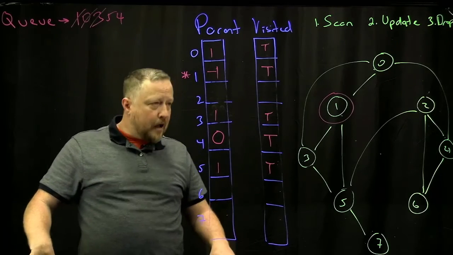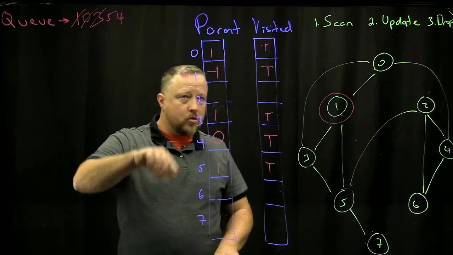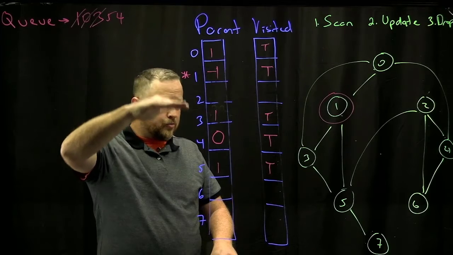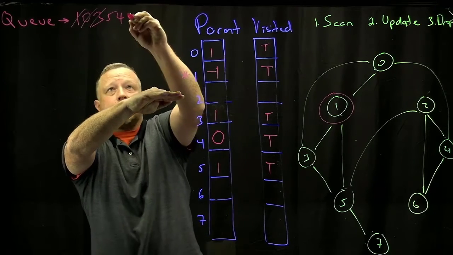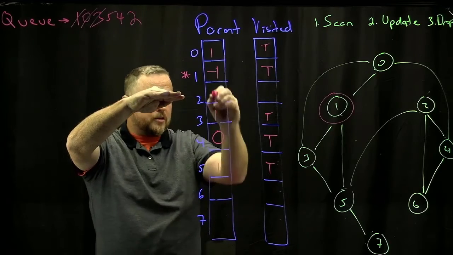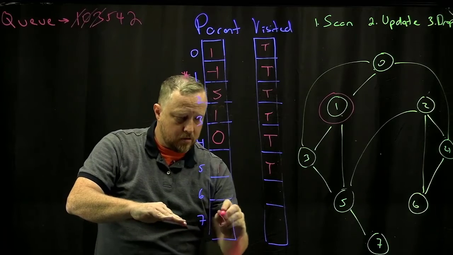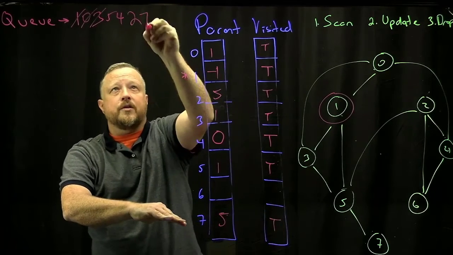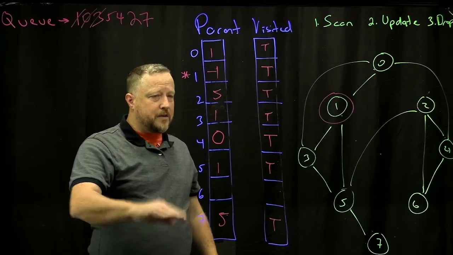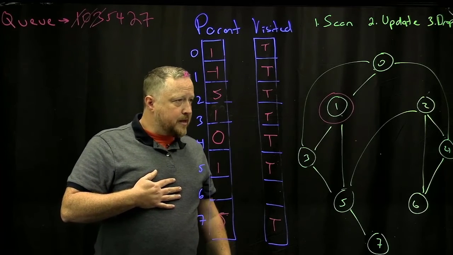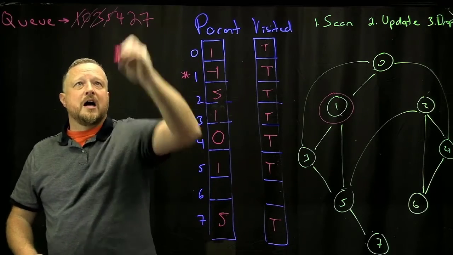All right, 5. 5 is connected in order to 1, which is done, 3, which is done, 2, which is not done, visited from 5, now set to true, and then 7, which I'm going to put up here as well. Okay. That's the update. I think we're all done with that. Go ahead and drop 5.